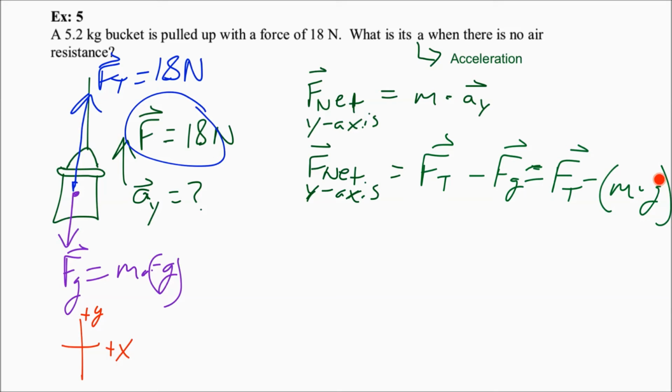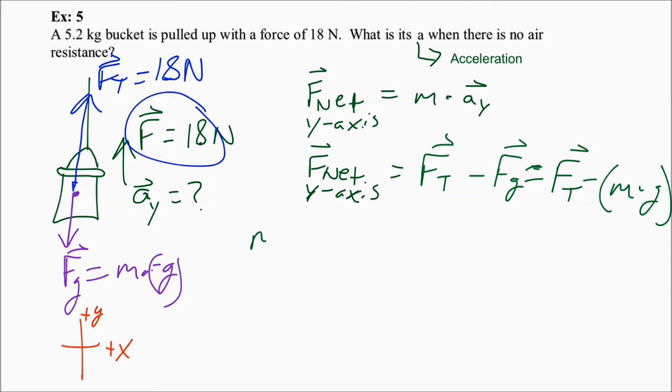Now in this case, the little g over here is going to be positive, because this negative sign here represents the fact that this vector is pointing downward, or towards the negative y-axis. And remember, little g is a positive number. This negative sign here is only about direction.